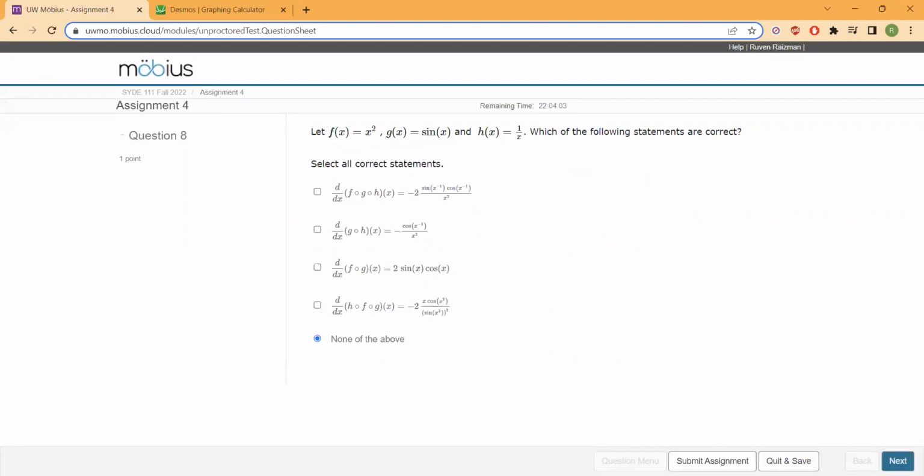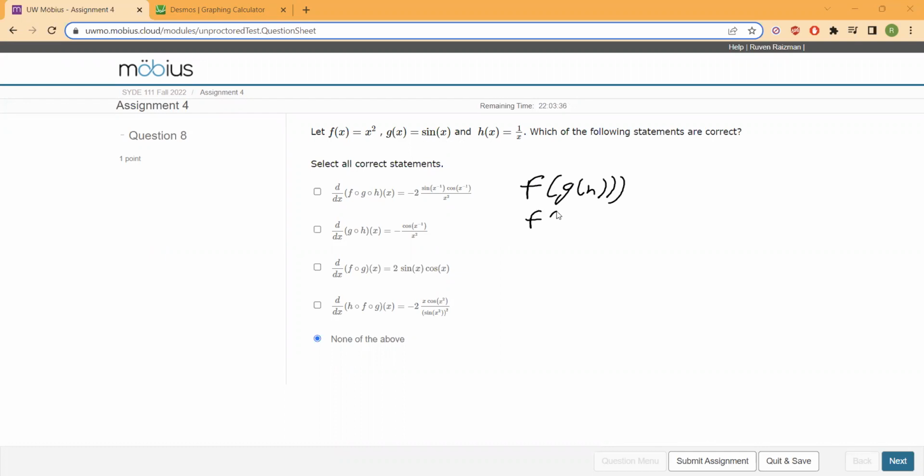So let f of x equal x squared, g of x equal sine of x, and h of x. Here you need to be very careful and apply all your chain rules. So let's go through it. So f at g of h, and this is of x as well. So h is 1 over x.